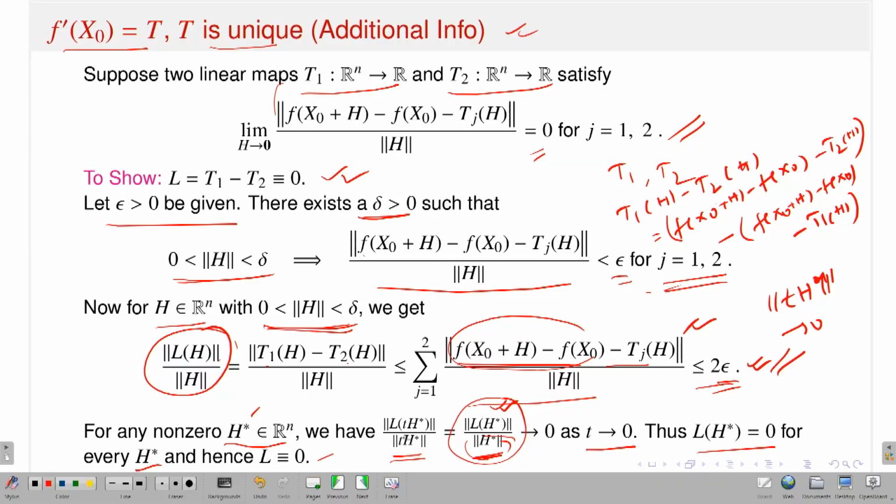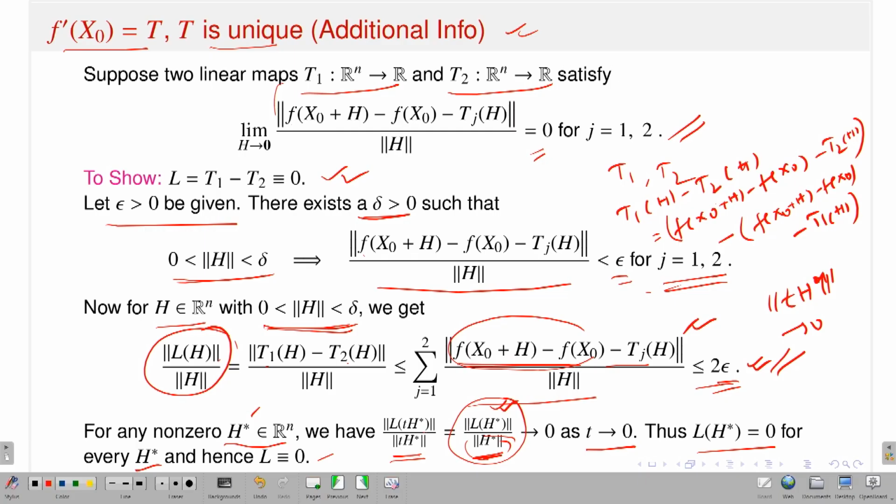Choose a non-zero vector h star, hit it by t, and let t go to 0. Then the norm of t h star goes to 0, so the norm of L(t h star) divided by the norm of t h star also goes to 0. But this is a single fixed quantity, which is the norm of L h star divided by the norm of h star.